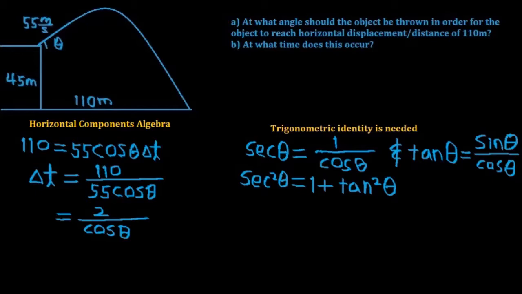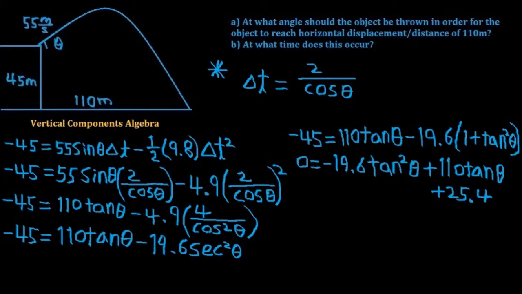Right, so now we have the vertical component, and we have to plug in the value that we got. So the time value equals 2 over cos theta. Now we have to plug that into those variables in the vertical component.